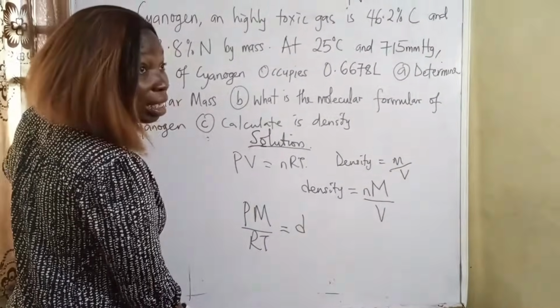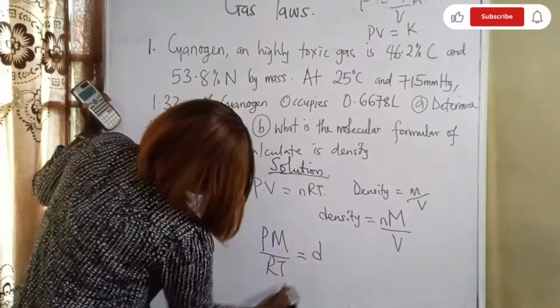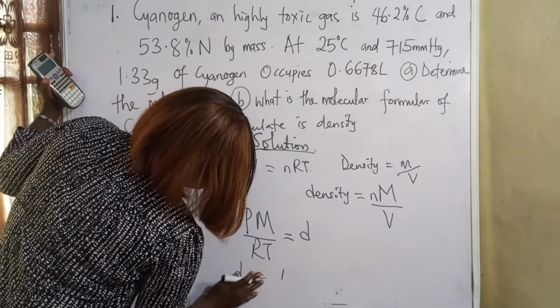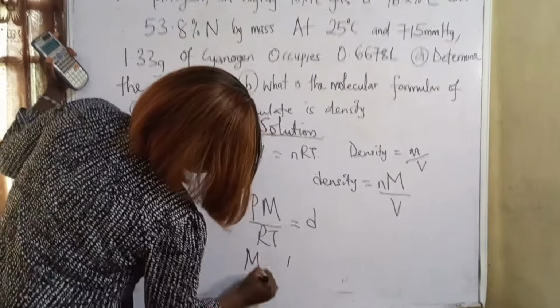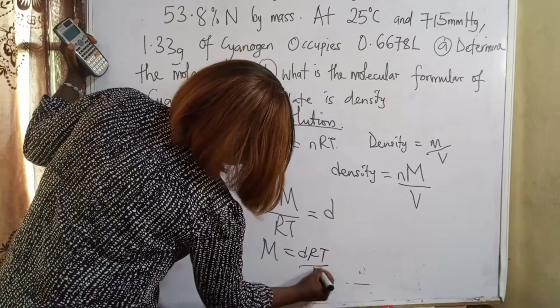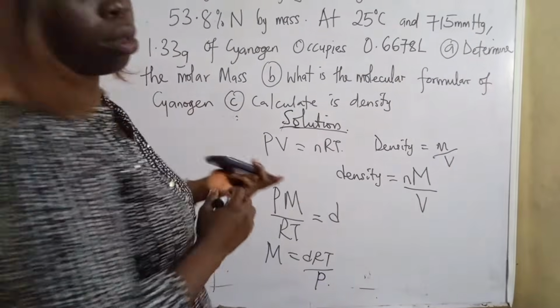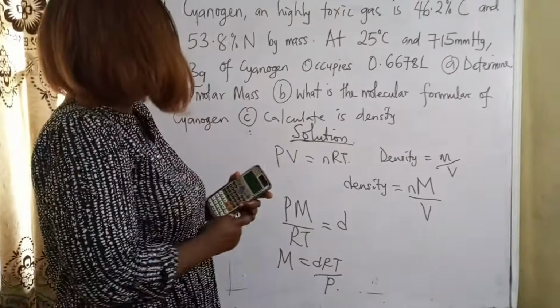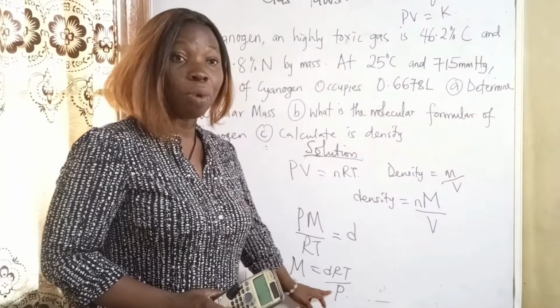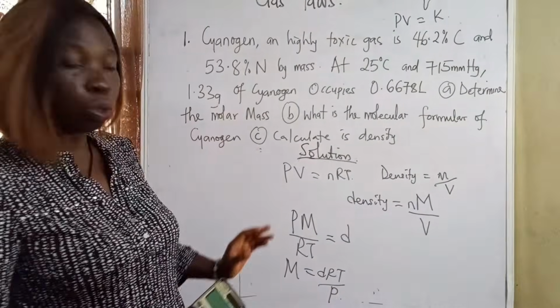So with that, you will now have your molar mass to be dRT over what? P. So to get the molar mass of cyanogen, you will use dRT over P.